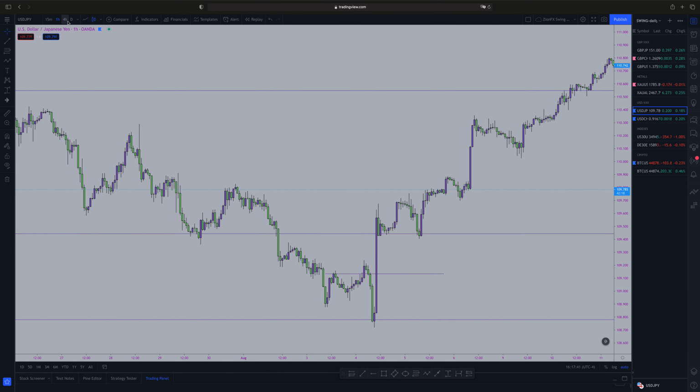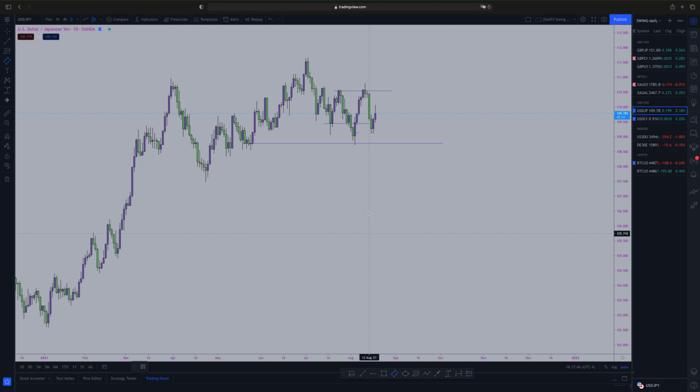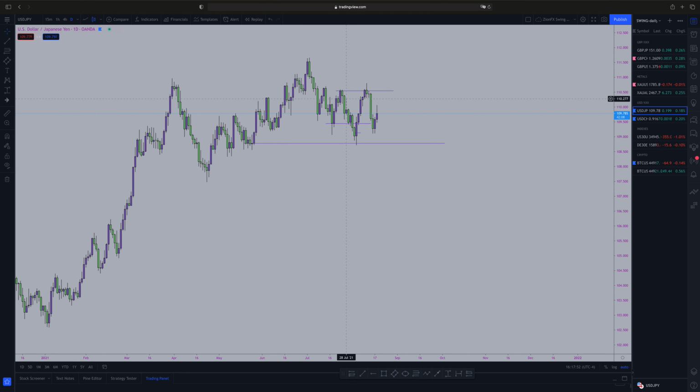If you look back on a daily time frame, you can see how right here we're creating bearish candles. The 1 hour structure makes daily candles. So if the 1 hour is on a downtrend, then what does that mean? That means you should have daily bearish candles.